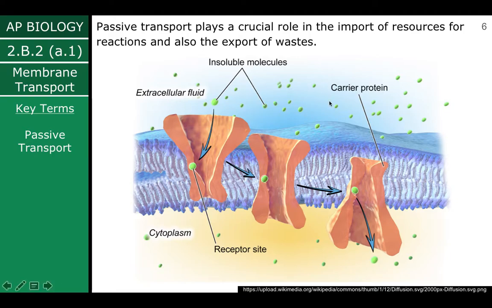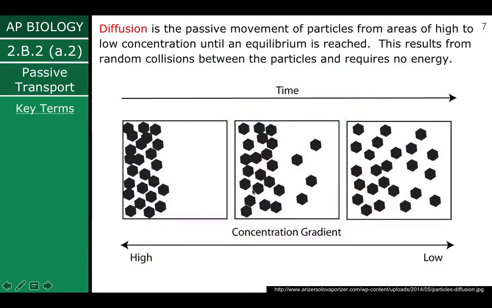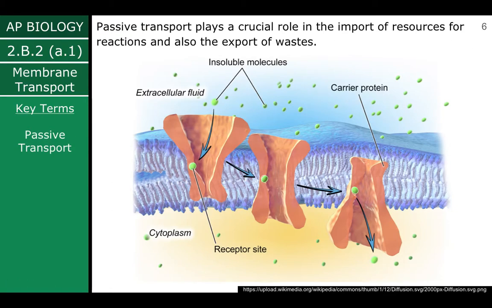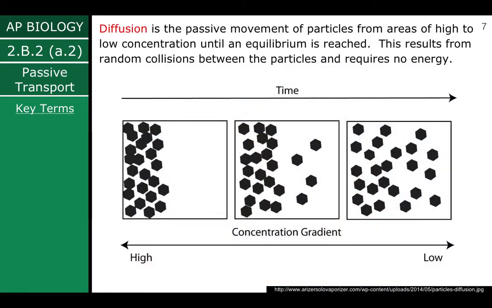So, for example, here we have our phospholipid bilayer, and the example that you would want to write down is it plays a crucial role in the import of resources for reactions and the export of wastes. So diffusion is the passive movement of particles from an area of high concentration to an area of low concentration.